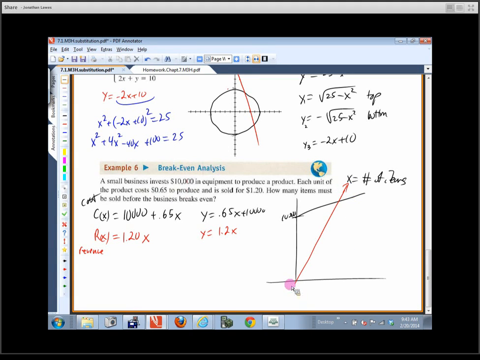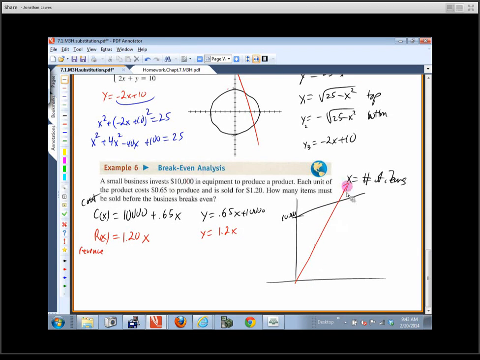If you owned the business, describe what's going on right here. You're in debt, aren't you? You spent all this money, and you're spending money every time you make an item. You've spent more than $10,000, but this is how much money you've brought in when you sell them, right?